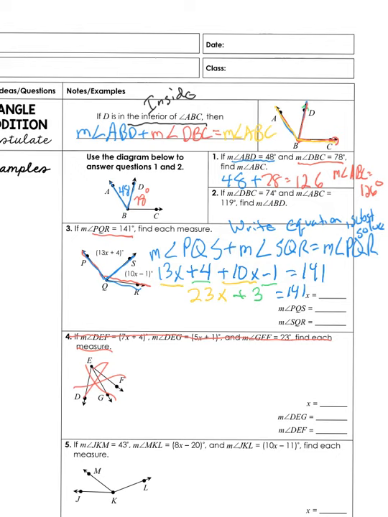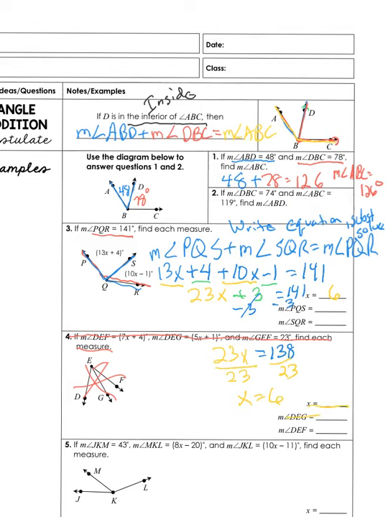Subtracting 3 on both sides, I get 138. Those cancel. I get 23x. Now I'm going to divide both sides by 23, and I get x equals, let me punch that in my calculator, 6.